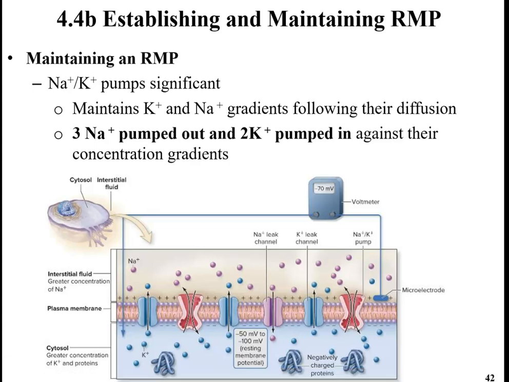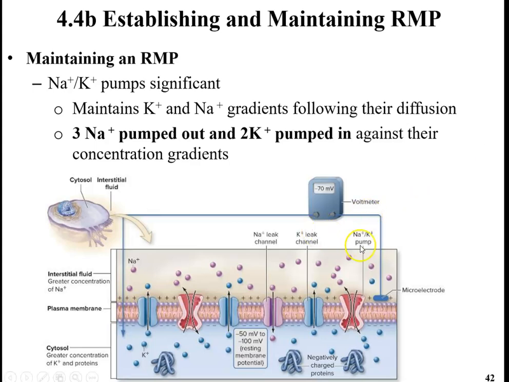Okay, so as far as maintaining a resting membrane potential, you need to know that the sodium-potassium pumps are significant. They maintain the potassium and sodium gradients following their diffusion, and there's 3 sodium pumped out and 2 potassium pumped in against their concentration gradients.